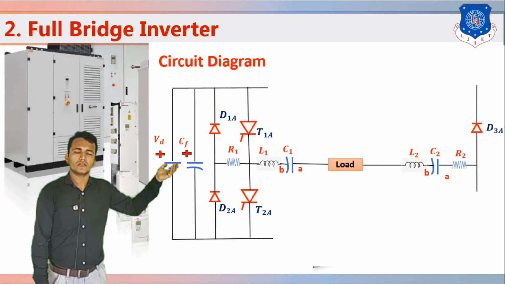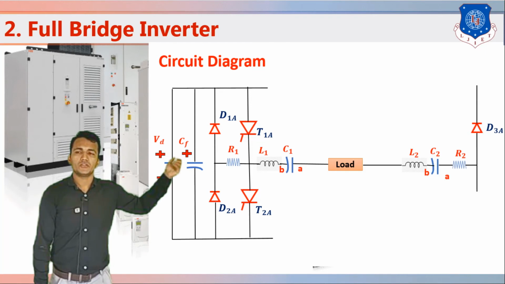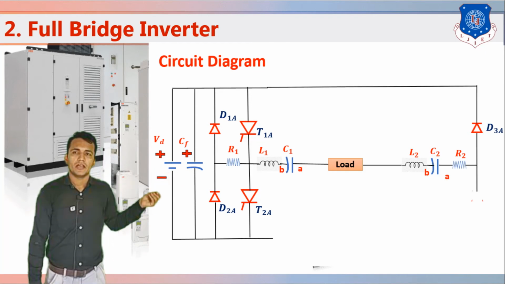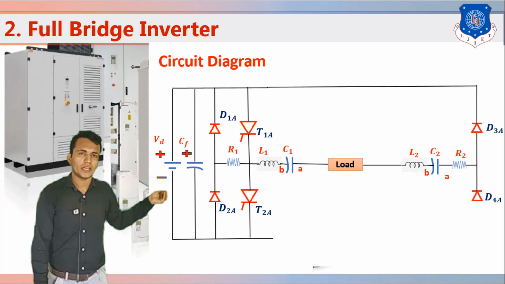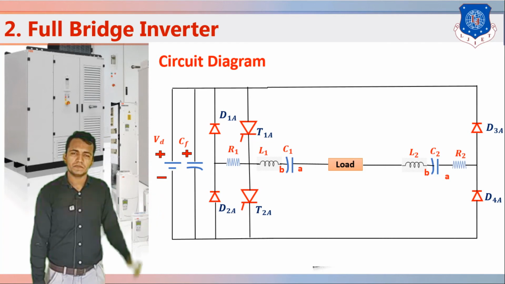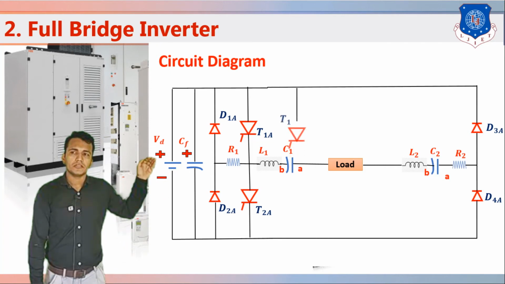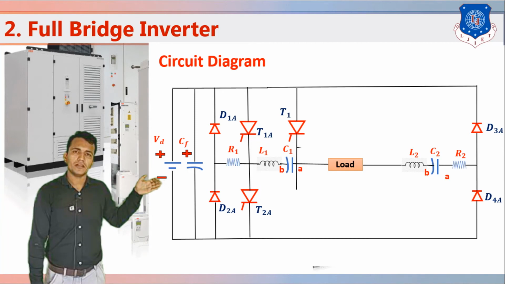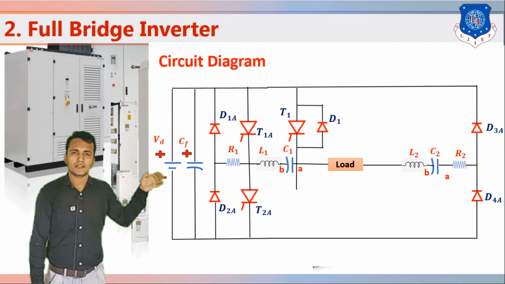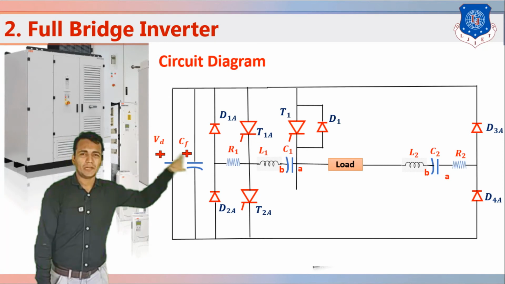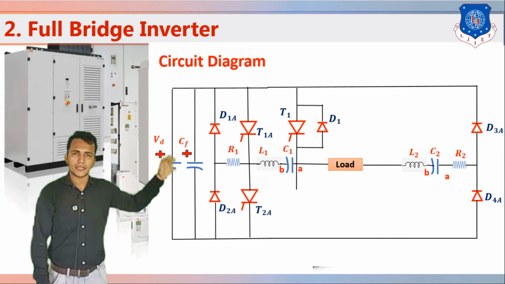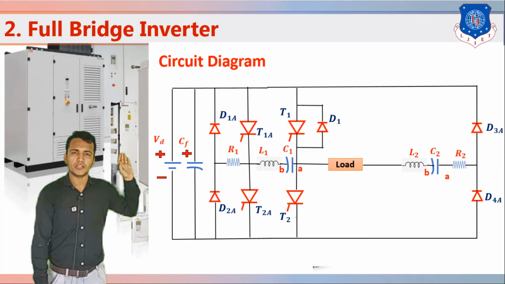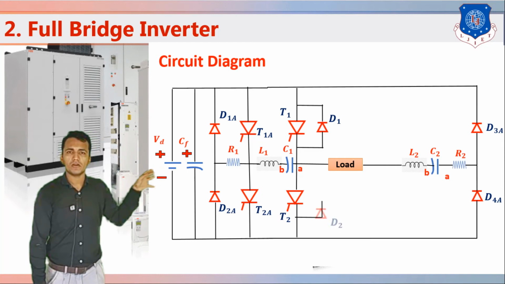Here two more diodes, D2A, D3A, and then diode D4A, are also connected to the circuit. Then the thyristor T1 has the diode D1 connected as a feedback diode, and likewise D2 across thyristor T2.